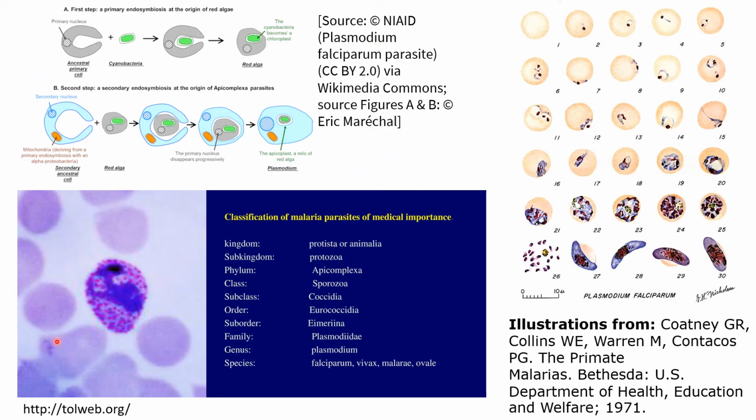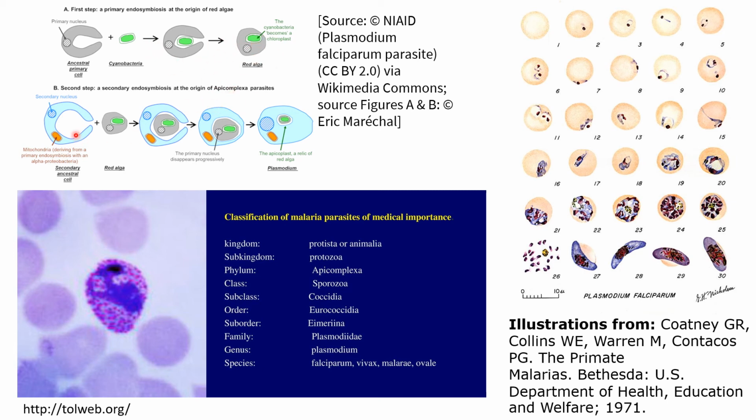Here, medyo familiar kayo dito. Ito ay Apicomplexa. Kung nare-remember nyo, yung Apicomplexa, may plastid din siya, pero hindi na functional. Okay? So, sabi dito, anong kinalaman niya sa red algae? So, may ancestral primary cell na kumain ng cyanobacteria at naging algae.